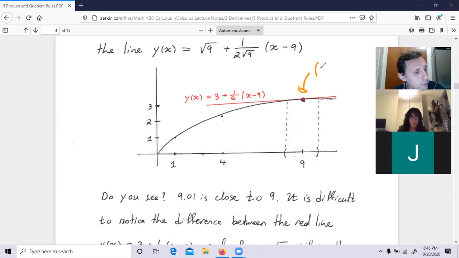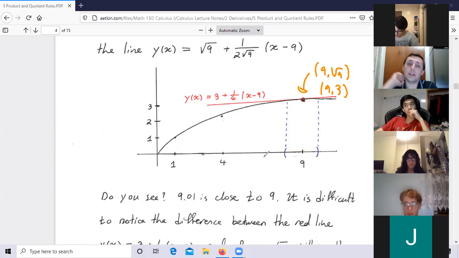This point has coordinates 9, root 9, or simply 9,3. Agreed? Why am I zooming in? Let me just verify, guys. Why am I zooming in at the point 9? Why am I interested in the coordinate x equal to 9 specifically? Remember what we had there? It's root of 9.01 that we're trying to estimate. Why 9?